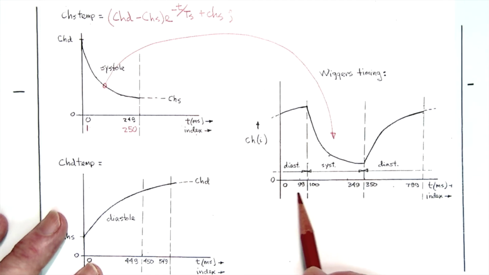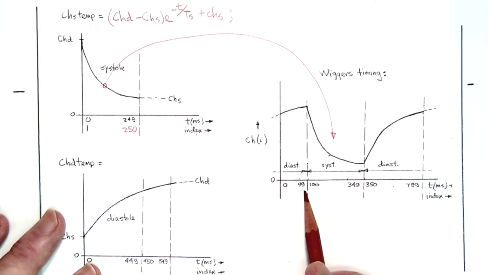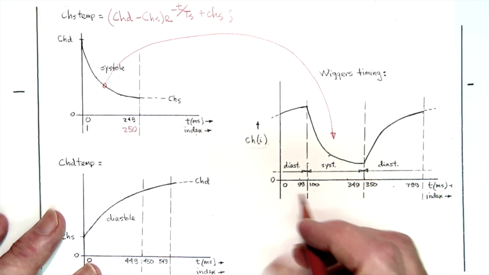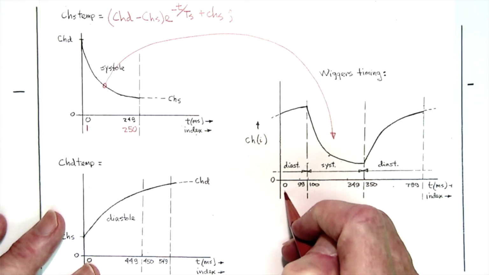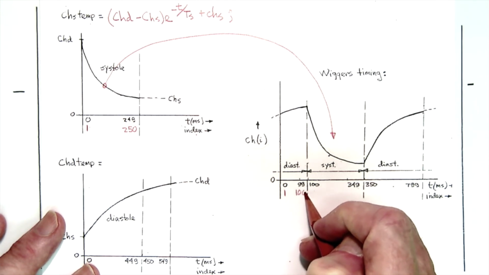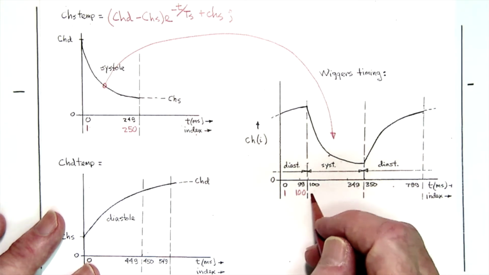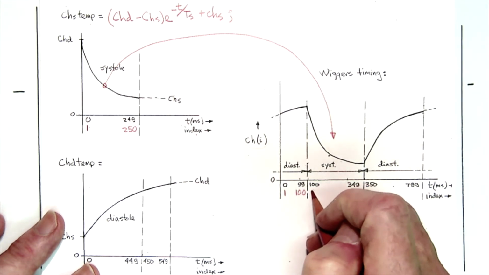But the index, once again, is 1 more than the number of milliseconds. So the index starts at 1 here, and that previous diastolic period goes from 1 to 100, and then the next systolic period starts with an index of 101.